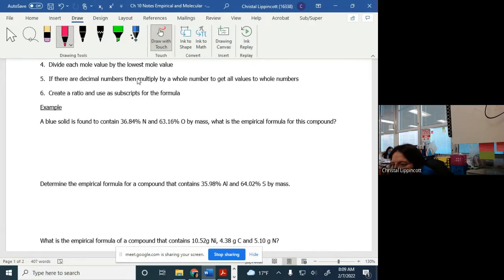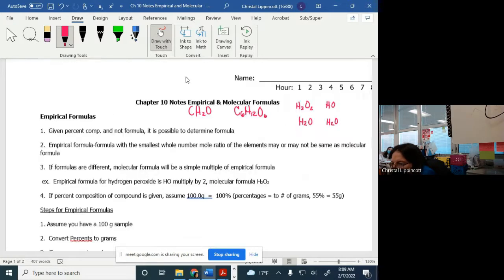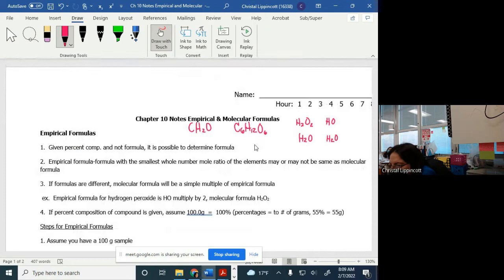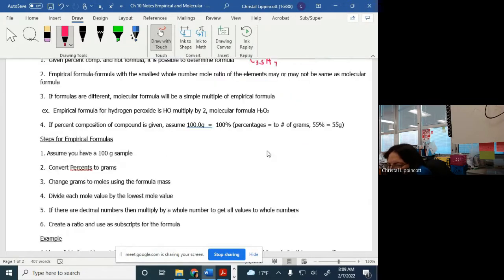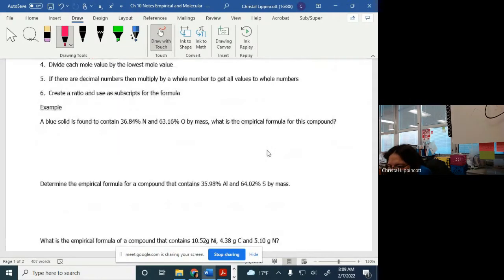If there's decimal numbers, then you're going to multiply by a whole number to get up to a whole number, because you got to have whole numbers. You can't have formulas where you have like C3.5H7. Okay, that doesn't exist. Okay, you can't have half of an atom there. Okay, so that's not going to work. And then you're going to create a ratio and use those ratios as the subscripts.